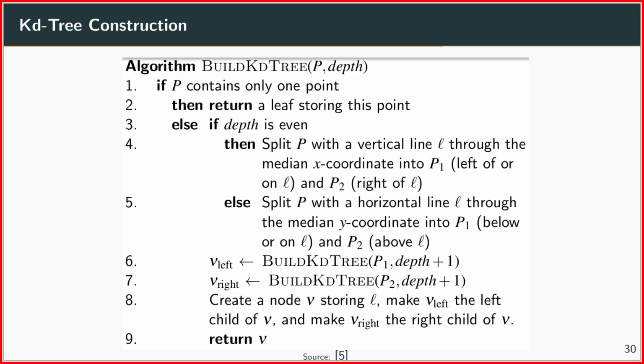And so in the end, you create a new node V where you store the line which you have just created, plus making V left and V right the children of V, and then just returning V. And that is basically the general recipe of how you can construct this KD tree in a recursive manner.